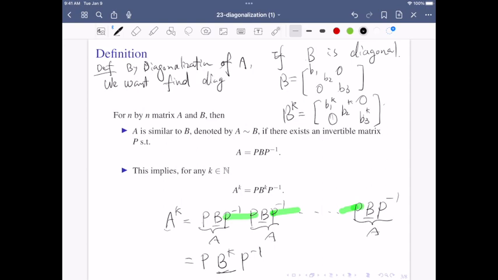One is a diagonal matrix D, and the second one is an invertible matrix P, such that A can be written as P times D times P inverse.